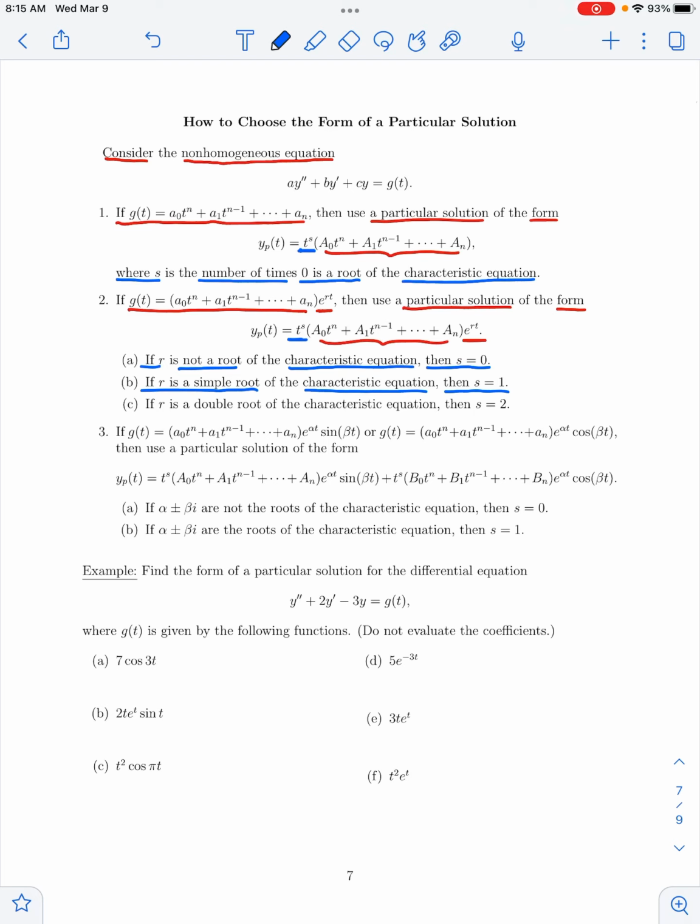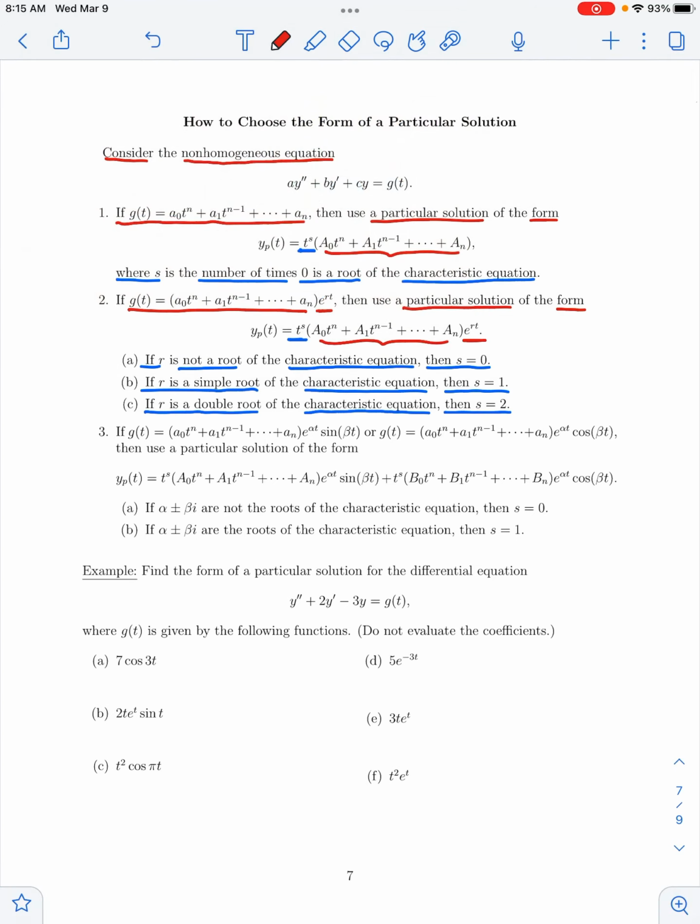Similarly, if r is a double root or repeated root of the characteristic equation, then we would also have within the homogeneous solution a term involving t times e to the rt. And so I would have to multiply my initial guess for the particular solution by t squared. So depending on which terms appear in our homogeneous solution, we would have to modify our initial guess for the particular solution by multiplying by a power of t.